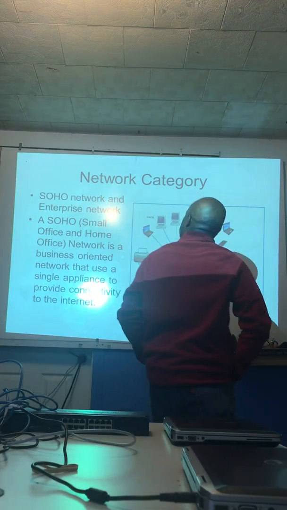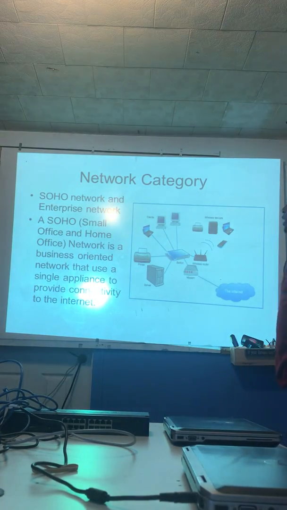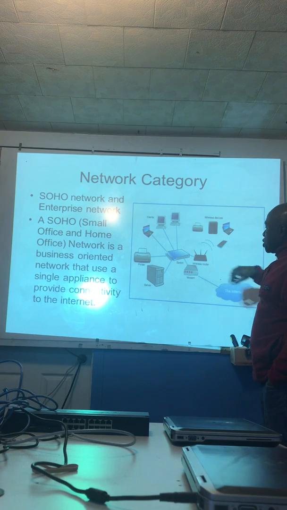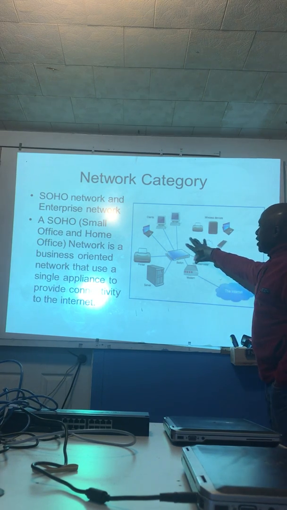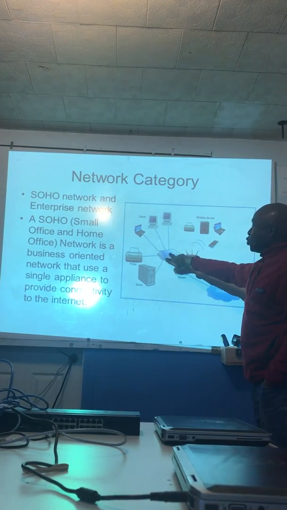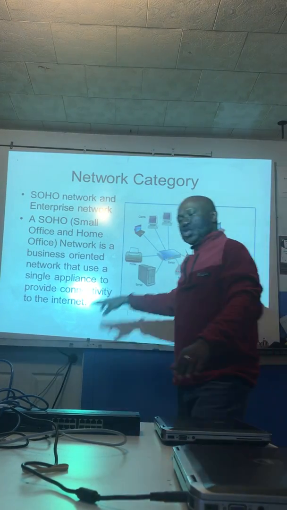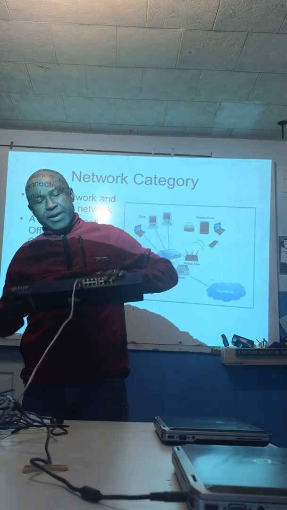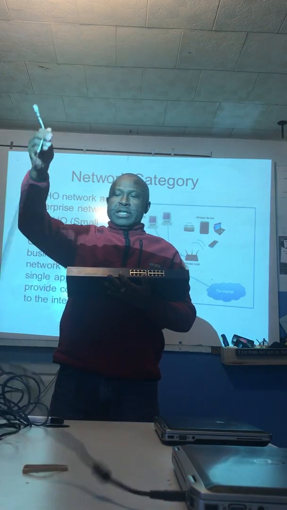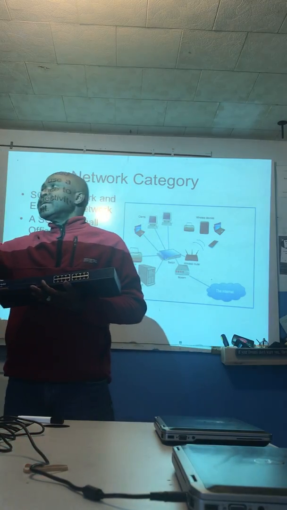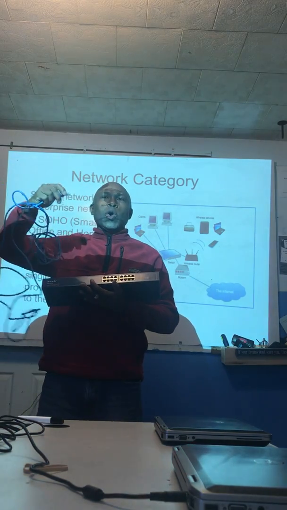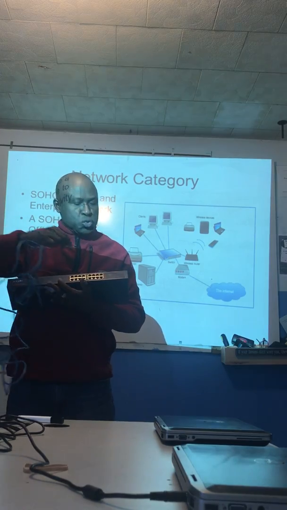Now we have the small office and home office network. This is what we're going to do the most, so you have to pay attention. As I explained at the beginning, you can see all the computers are connected to one switch. We have a smaller switch here, and all you have to do is have a cable to connect each computer to the switch.